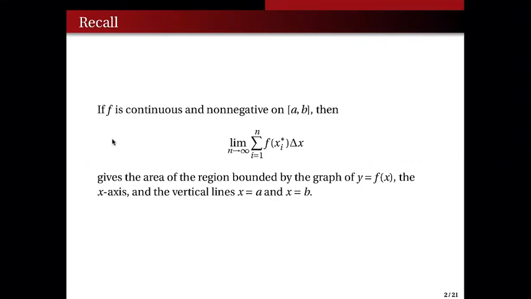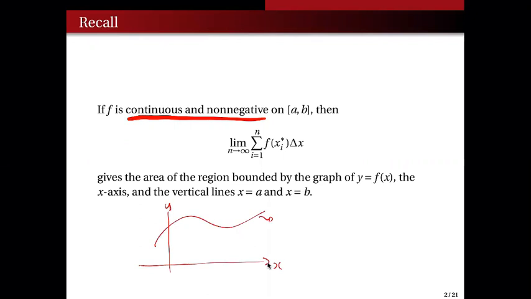Take note, in here we were considering continuous and non-negative functions. For example, this is your x-axis, this is your y-axis, and suppose this is your function y equals f of x.